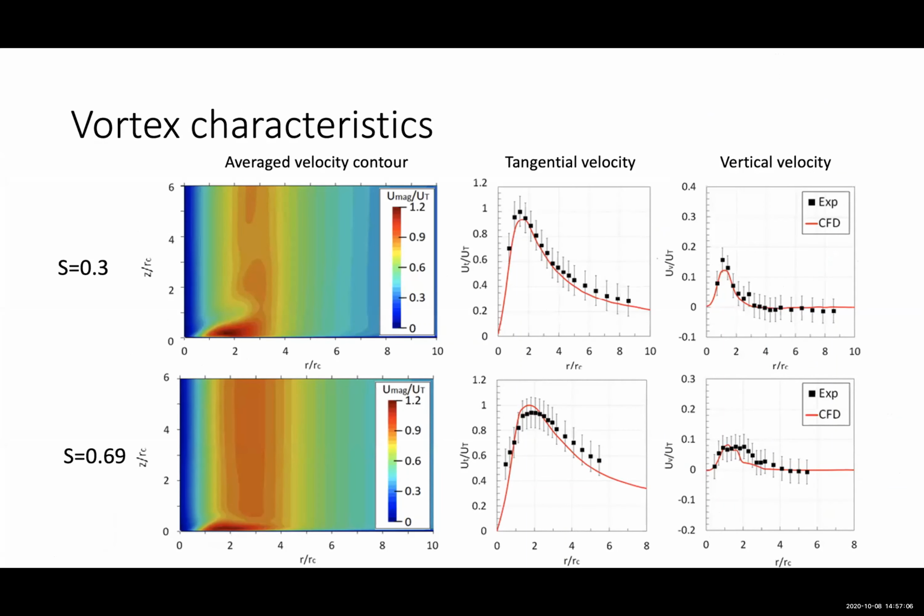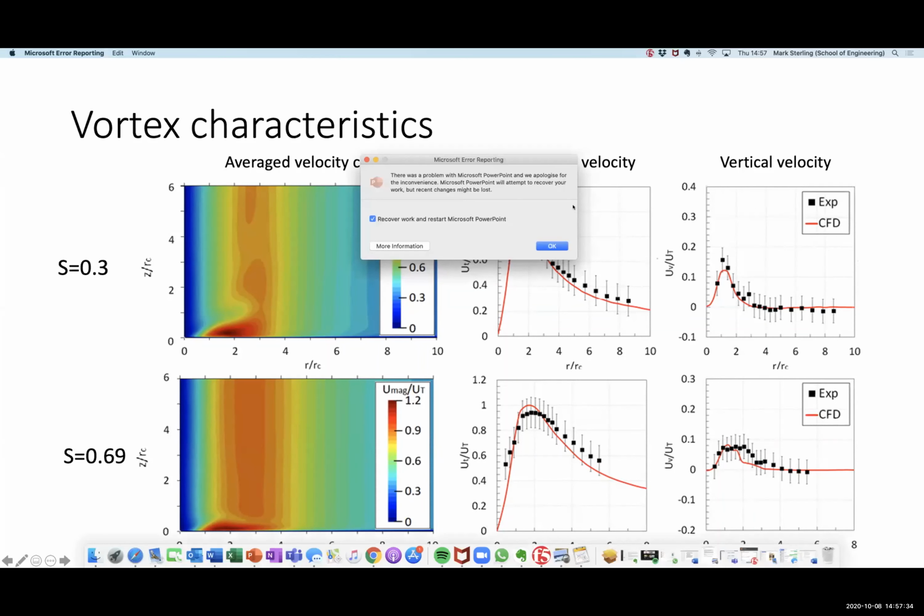We looked at 2 swirl ratios, and that's what you're looking at here. We have 2 rows, 3 columns. The first row corresponds to a small swirl ratio of 0.3, and the second corresponds to a larger swirl ratio of 0.69. One of the benefits of numerical simulations is that you can get information across the entire flow field, whereas with experiments, you can only get it in specific places. The column on the far right shows a distribution of vertical velocity.